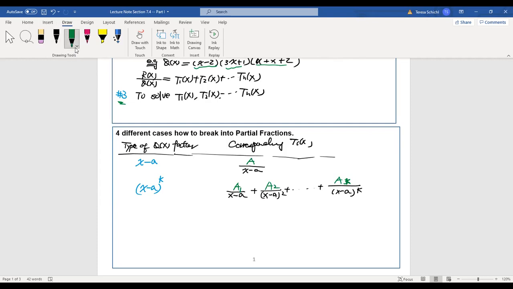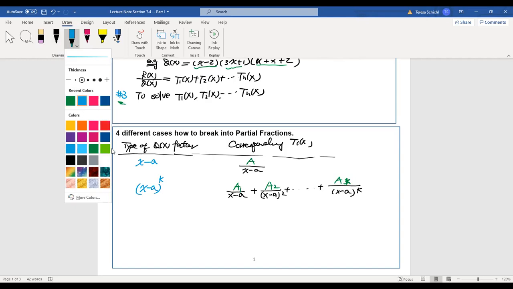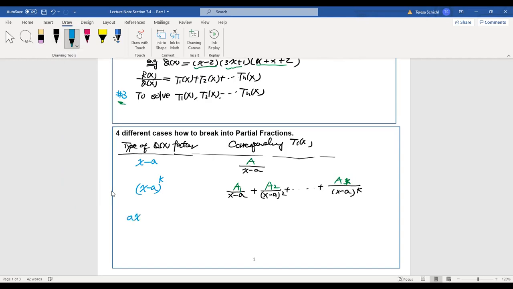Okay, so the next case: how about if after you factor, your Q(x) is quadratic? That means it's ax squared plus bx plus c, and you cannot continue to factor this down to the next level. Then your T(x) will be ax squared plus bx plus c.